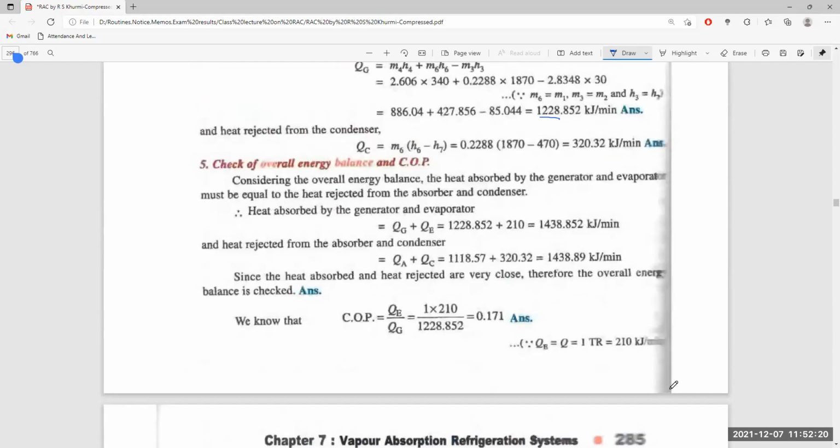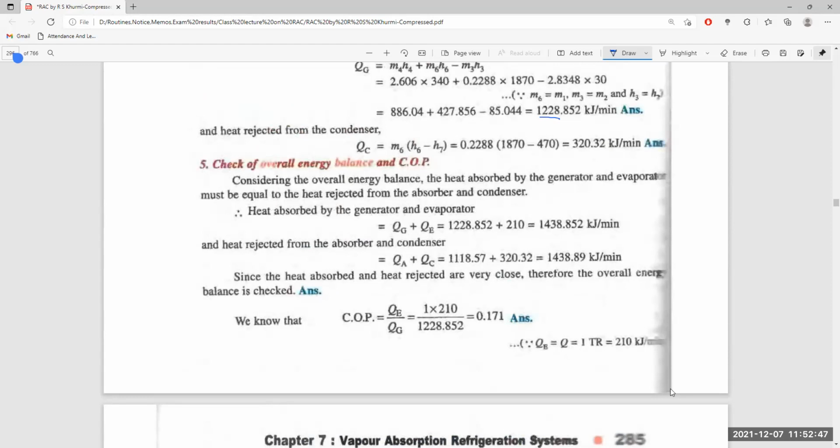Now construct the overall energy balance and COP. Consider the overall energy balance. The heat absorbed by the generator and evaporator must be equal to the heat rejected from the absorber and condenser. The heat absorbed by the generator and evaporator, if we add, will become 1438.85. The heat rejected from the absorber and condenser is 1118.57 plus 320.32.